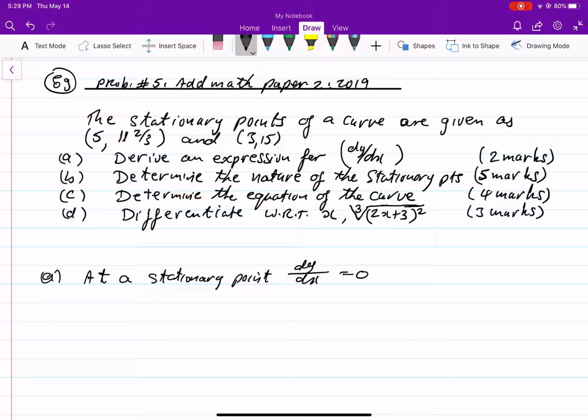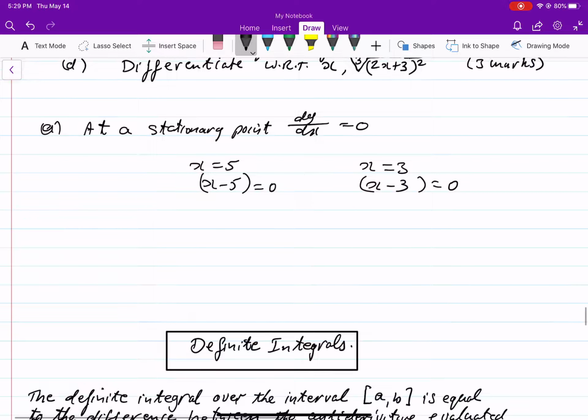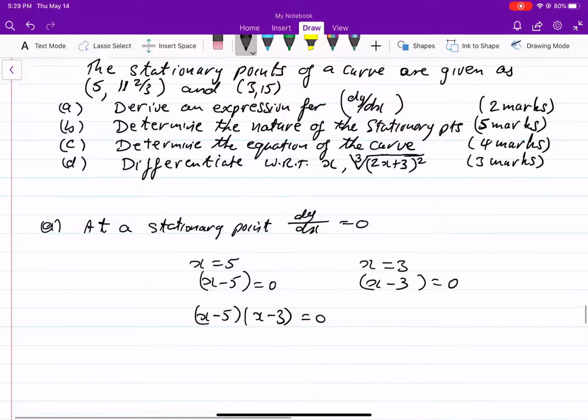Now, it's obvious that the x coordinates of the stationary points are 5 and 3. So, x equal 5 would be one x coordinate of a stationary point, and x equal 3 would be the other. Which means I could turn that expression into a factor. X minus 5 equals 0 would be one factor, and x minus 3 equals 0 would be the other factor. Which means if I multiply x minus 5 times x minus 3 and equate that to 0, that would represent my dy dx expression equal to 0.